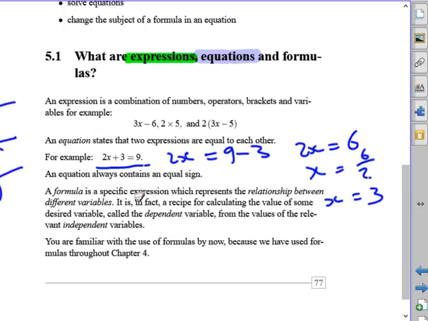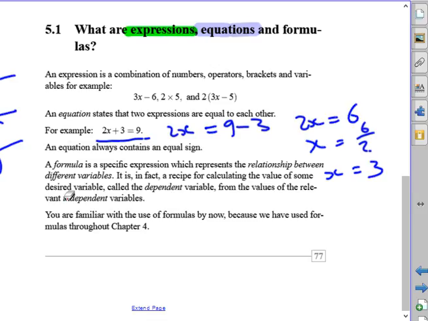So that is what we call an expression, and it is very easy to solve for an expression. A formula is a kind of an expression, but a formula can contain lots of variables. For example, distance equals speed times time. That is a formula. Okay, it contains lots of variables.